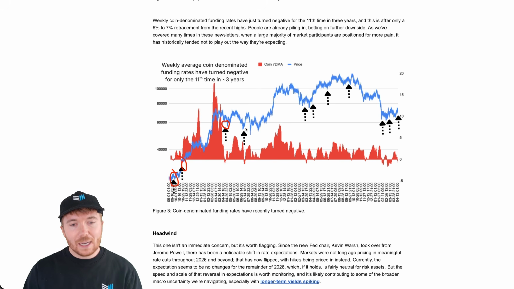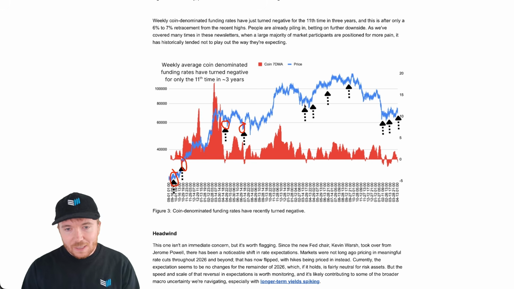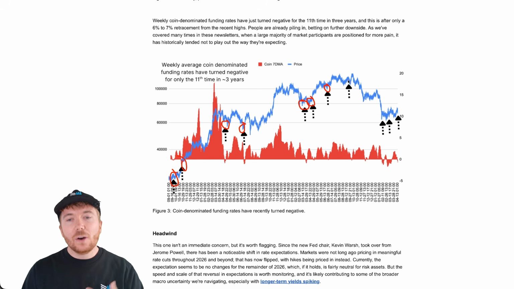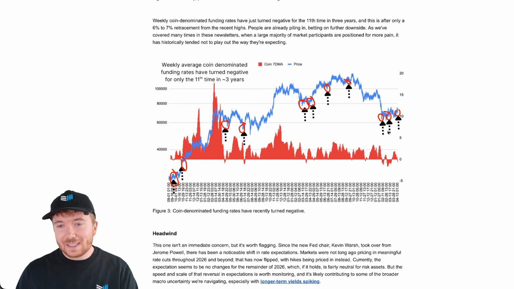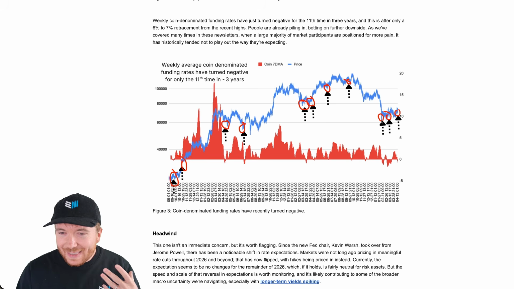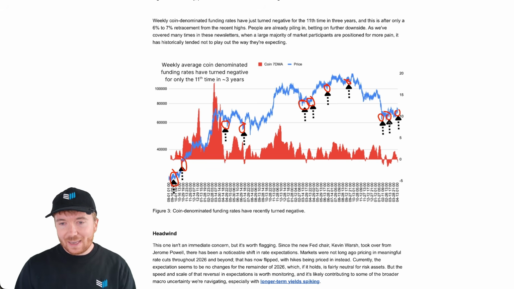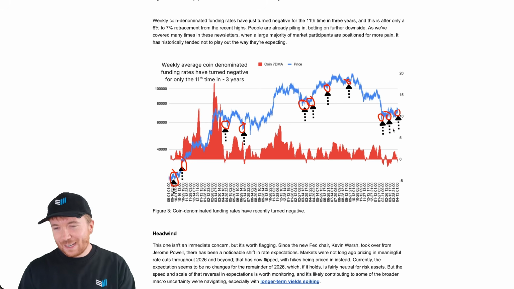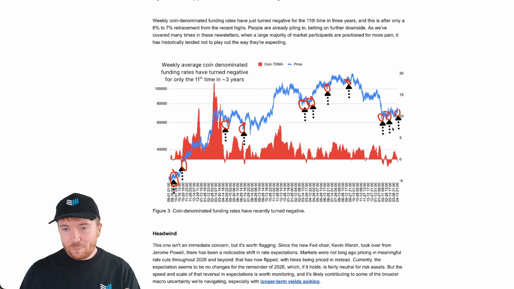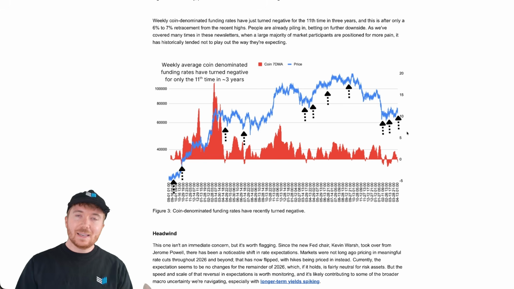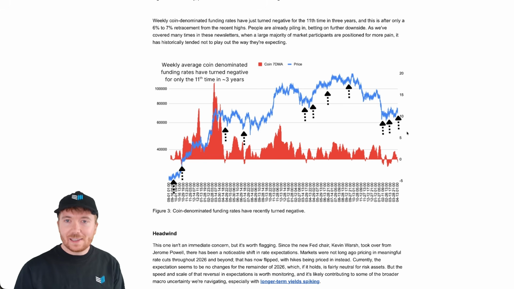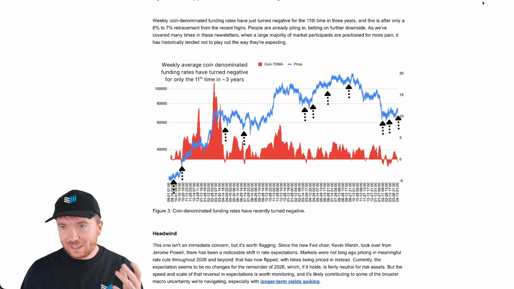Not always occurring at exact lows in the market, but usually giving us a good indication the market is getting overly bearish, overly pessimistic. We can see recently, just in this most recent downside move following $60,000, pretty much the exact lows on both occasions when these started troughing to the downside as more and more people were shorting the market. So we can see on a 7-day weekly average, people are increasingly shorting.